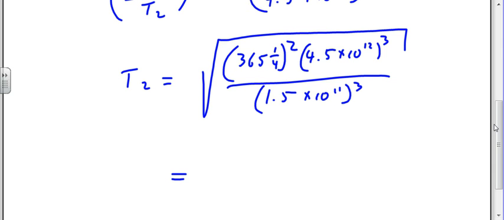Alright, so we're going to go 365.25 squared times 4.5 E 12 cubed divided by 1.5 E 11 cubed equals, square root of the answer. 60,000 days.